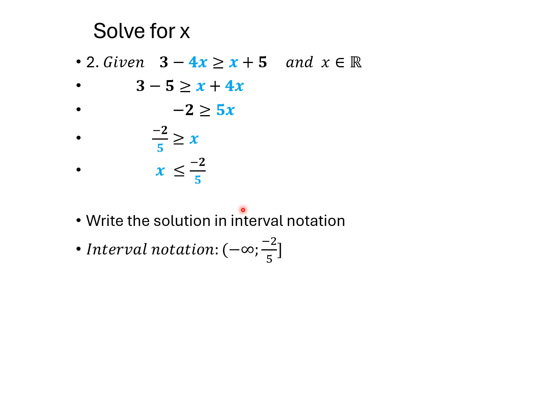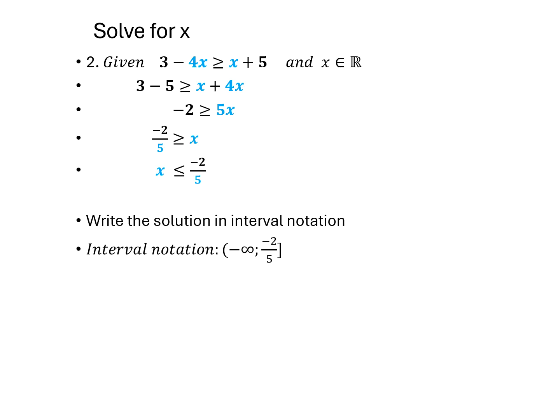So minus 2 over 5 is where I'm starting, but if I become less and continue in that vein, I would eventually end up by negative infinity, which we're not sure where it is, and because we don't know where that ends, it is an open bracket whenever I use infinity. All right, so therefore interval notation, negative 2 over 5 to negative infinity.